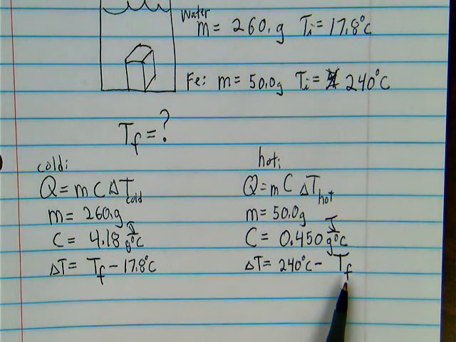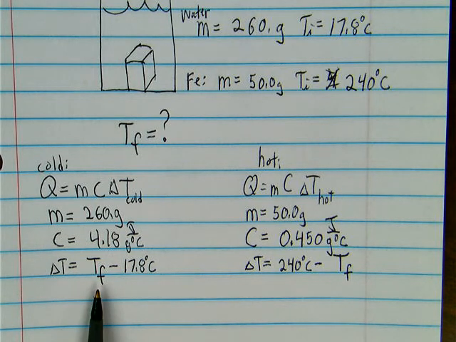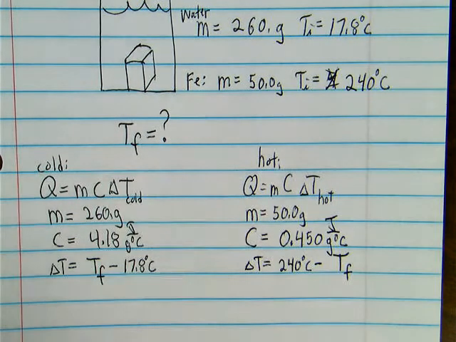The final temperature for the hot stuff cooling down is equal to the final temperature for the cold stuff warming up. So I can set these two equations equal to each other, and that will lead to one big equation with just one unknown.